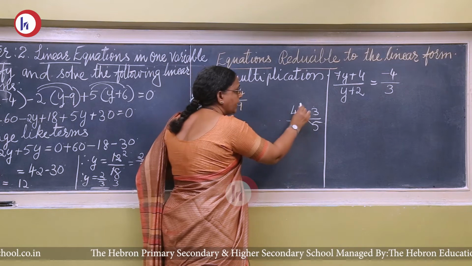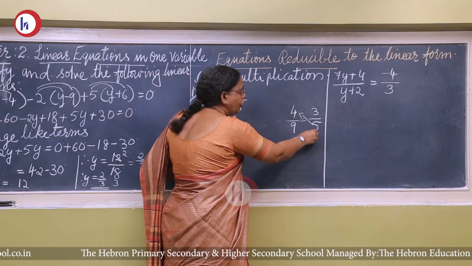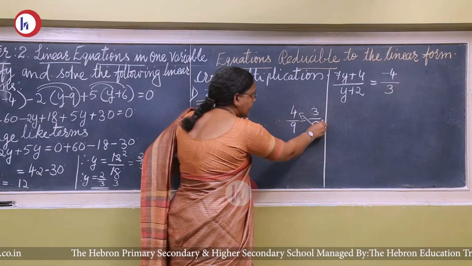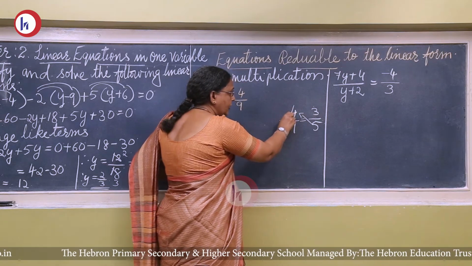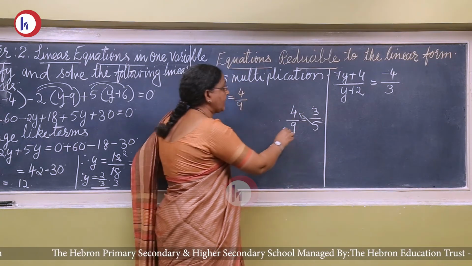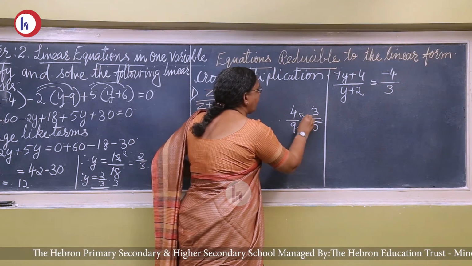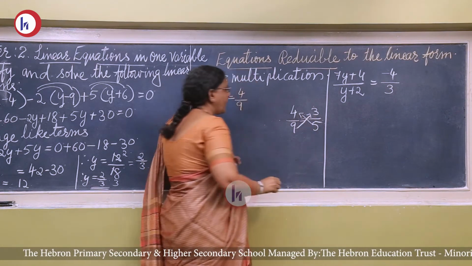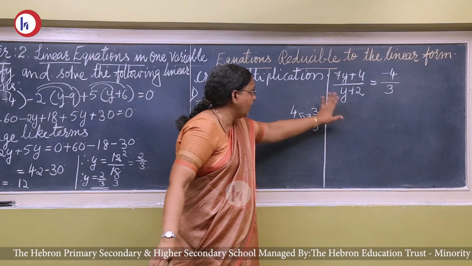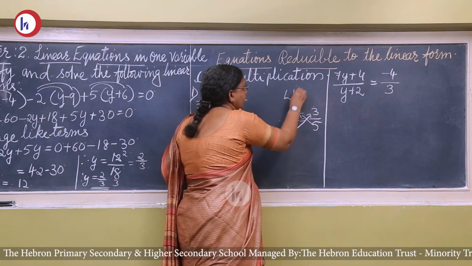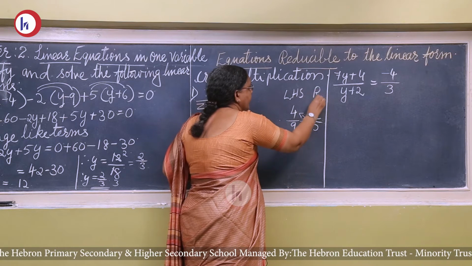This is LHS and you know that this is RHS. So, the denominator of the RHS will be multiplied with the numerator of the LHS, and again the denominator of the LHS multiplied with the numerator of the RHS. So, here LHS and here RHS.